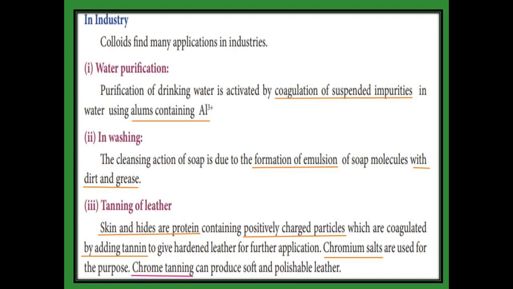By adding tanning, which is a negatively charged particle, the coagulation will take place. Afterward we get the soft and polishable leather. The same way, chromium salt is also used for leather softening, that is called chrome tanning. From the chrome tanning we get the soft and polishable leather.